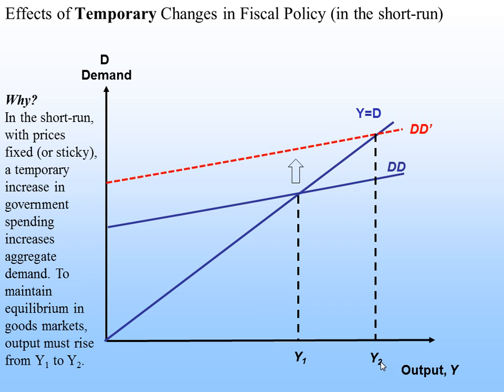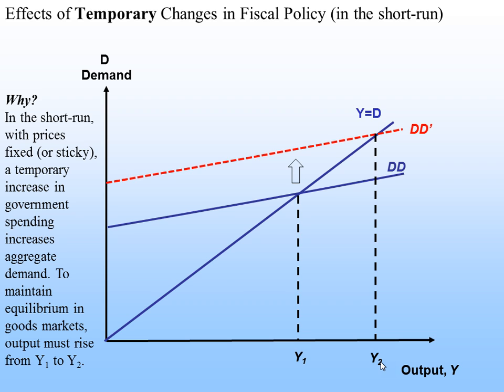How does that work? Well, again, in the short run, which is defined as the period during which prices are sticky or maybe even fixed, if you increase G and you do a lot of spending to build new roads, repair bridges, whatever, you're going to shift up aggregate demand.